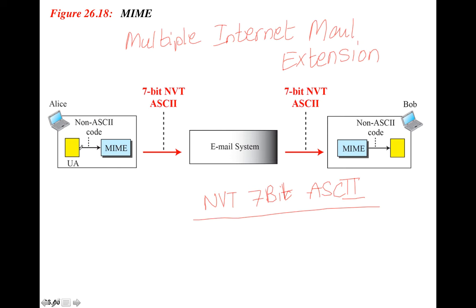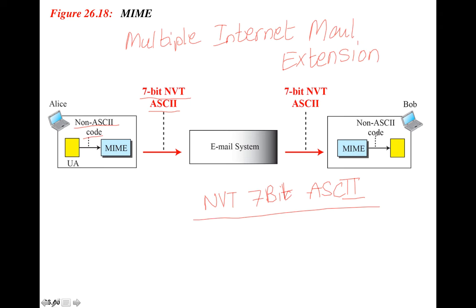When we have such complex information that is to be sent, which is in non-ASCII code, it goes through the MIME protocol, which converts it to the 7-bit NVT ASCII format. And it is transferred as normal over the email system.